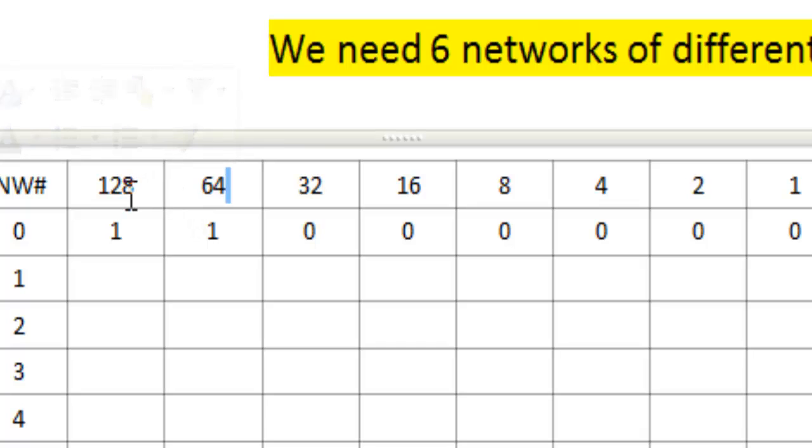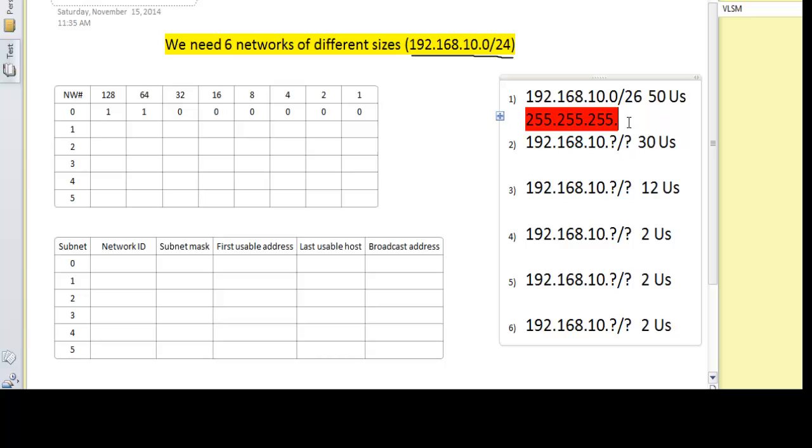So 128 plus 64, this is 192. So this one is the new subnet mask.